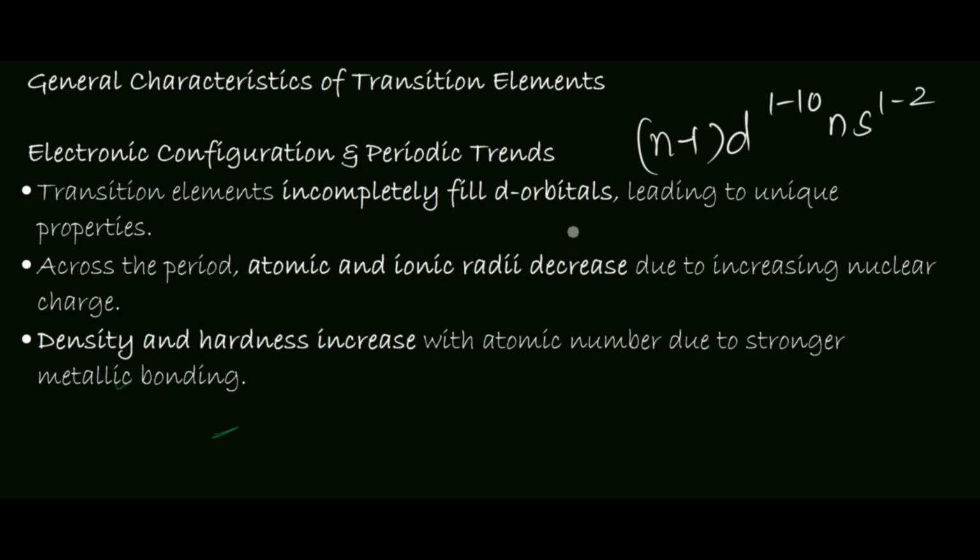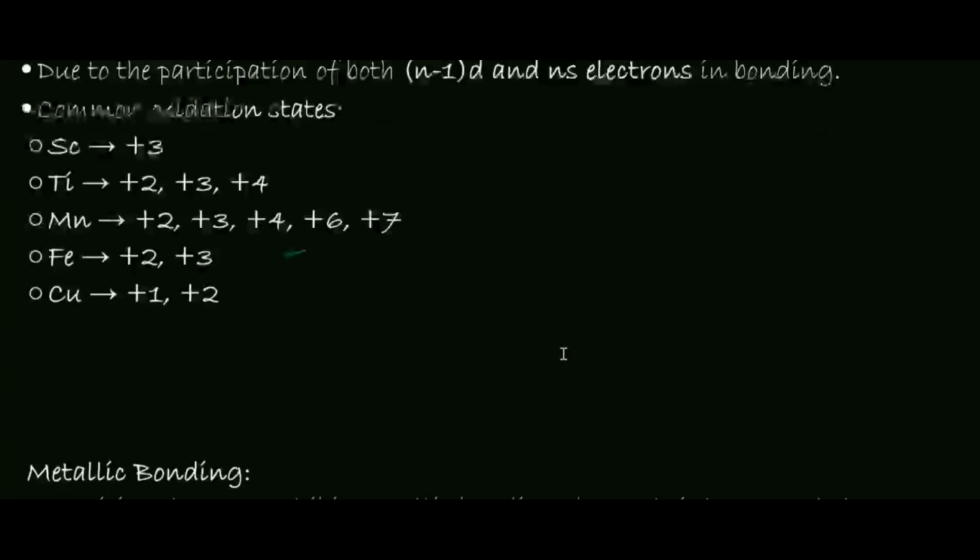The transition elements have incompletely filled d orbitals, leading to unique properties. As we move across the period, the atomic and ionic radius decreases due to increase in nuclear charge, and the density and hardness increase with atomic number due to strong metallic bonding. So remember, these are metallic in nature.